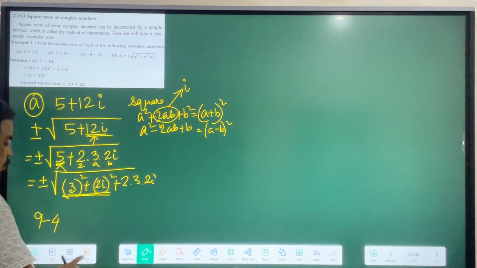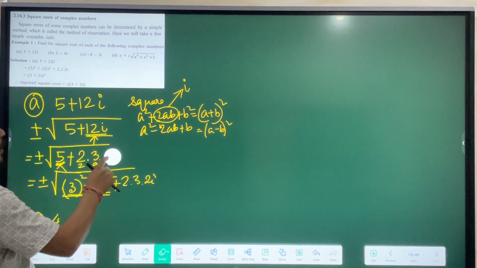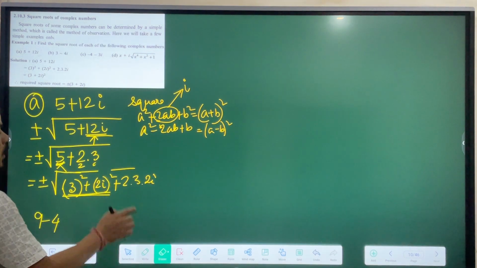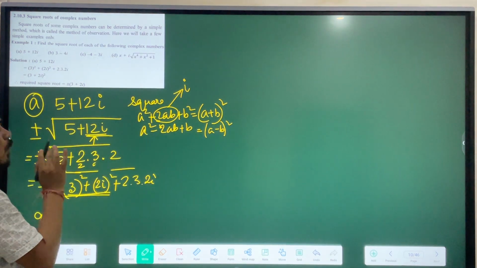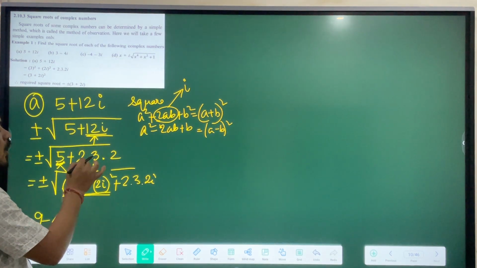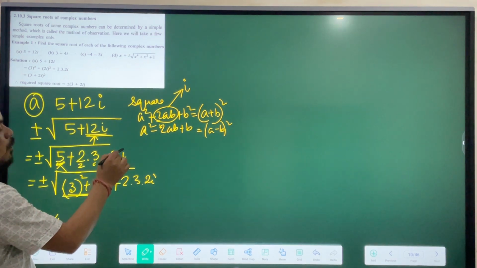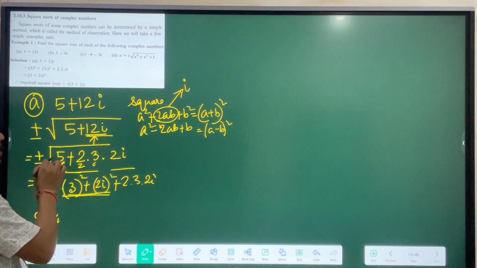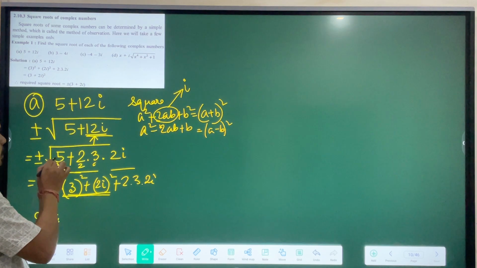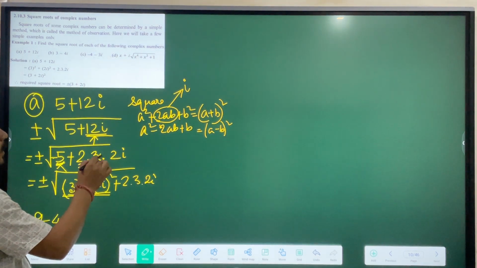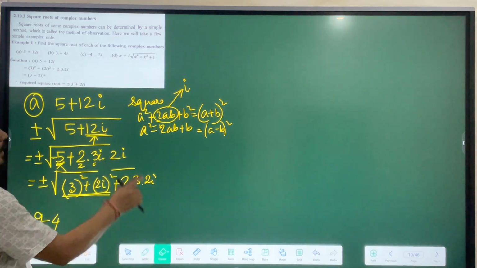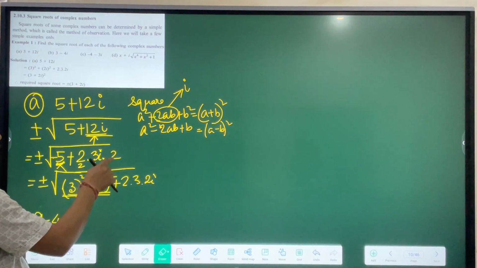So first, what I have done, 2 into 3 into 2. 2 into 3 is 6, 6 into 2 is 12. Now the question is where we will put i, with 3 or with 2. So I have put i with 2 because there is a positive number. Suppose there is minus. Then we could have written 3i, this way. 2 into 3 is 6, 6 into 2 is 12 only.